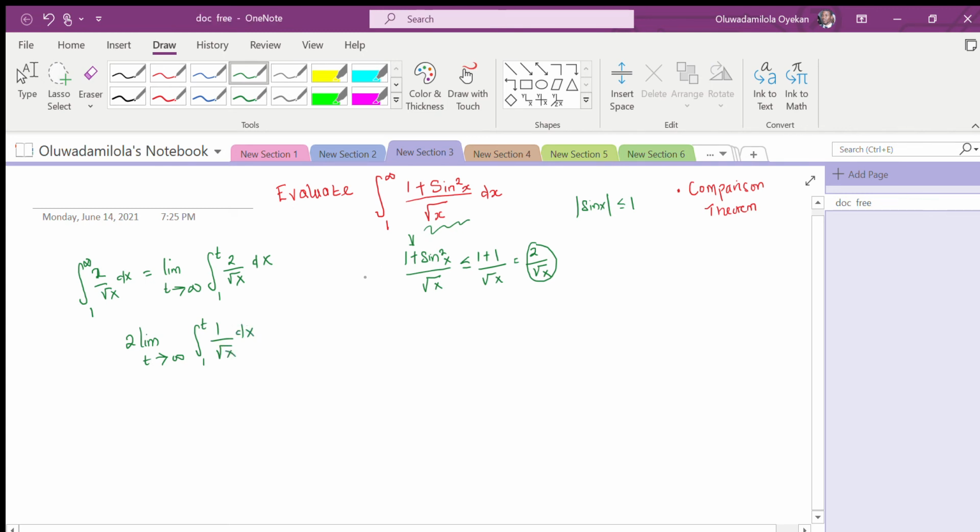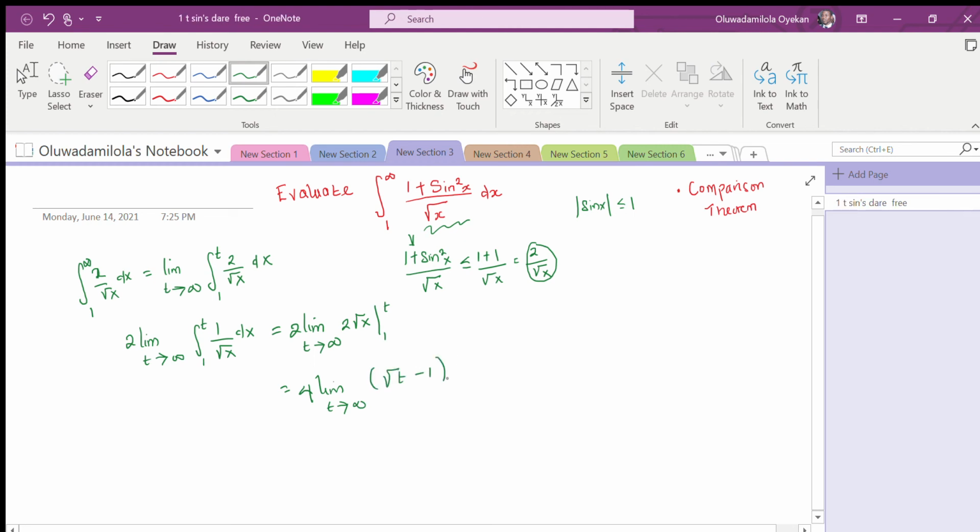So now we see that we can actually easily integrate this, and everything comes out just exactly as we want. If you integrate that, it's just going to be 2 root x, and then you put the limits in, and that's going to be 4 times the limit as t goes to infinity of root t minus 1.